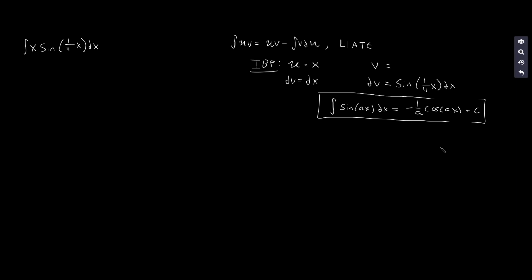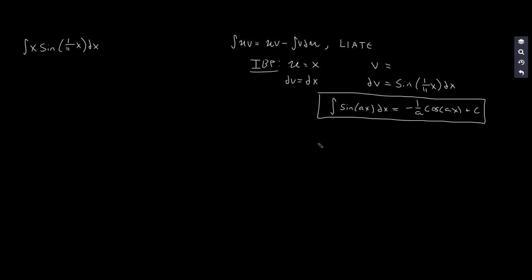But this comes from the chain rule. I don't think I've ever talked about why this is a thing. This comes from the chain rule in reverse. When you differentiate cosine of a times x, the chain rule pulls out a factor of a, right?